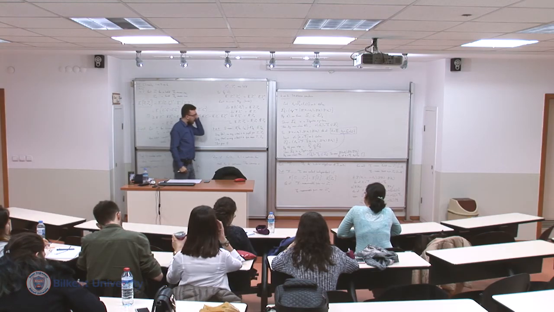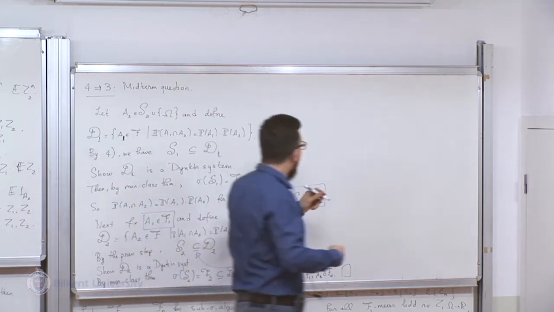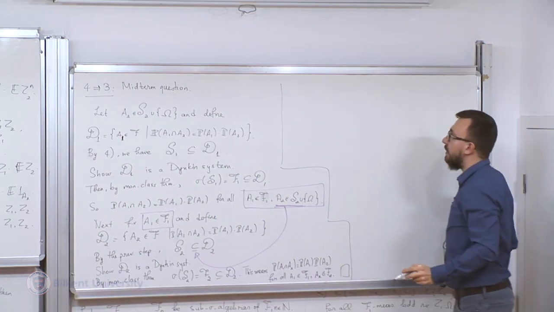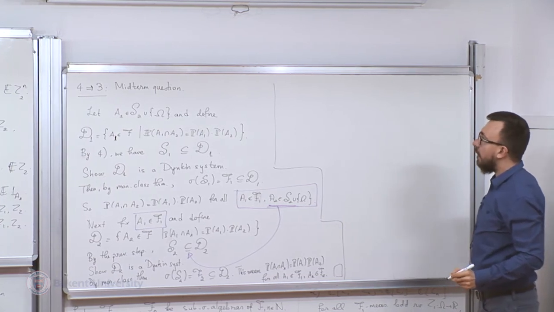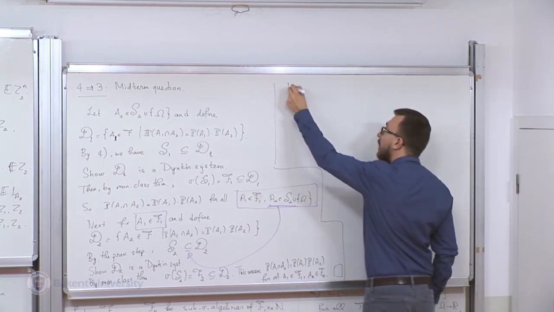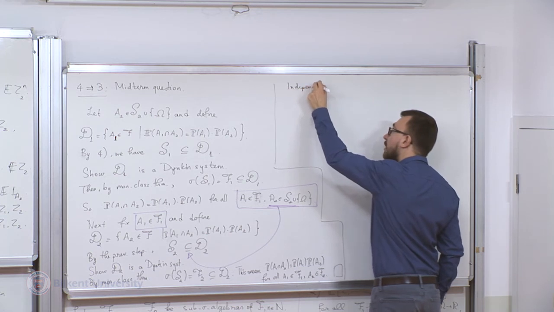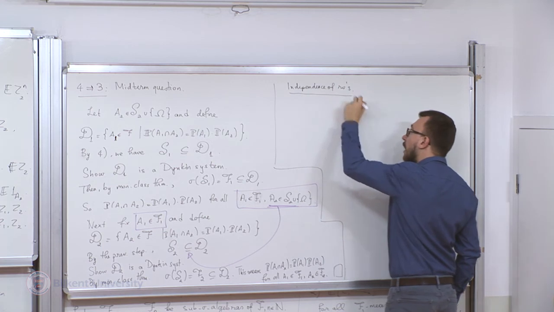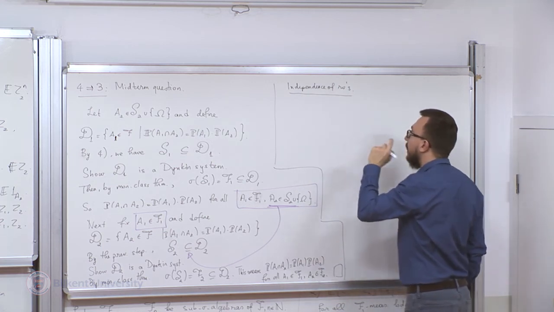So with this definition or characterization of independence of sigma algebras, we can also talk about independence of random variables. Independence of random variables in arbitrary spaces, in abstract spaces.